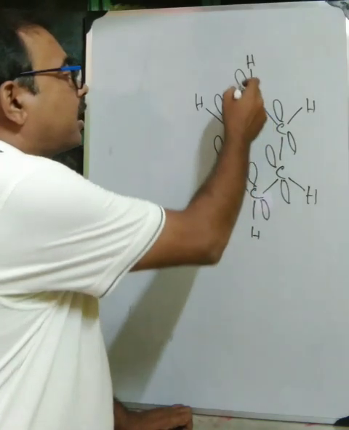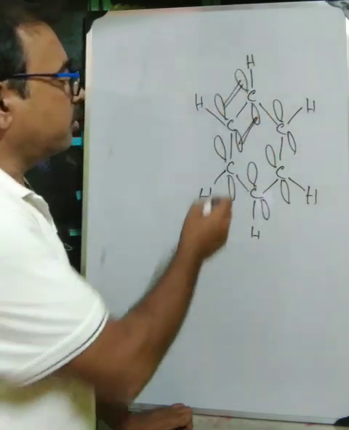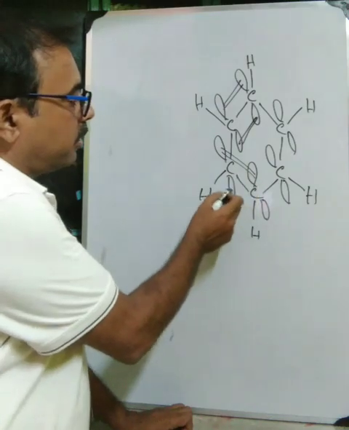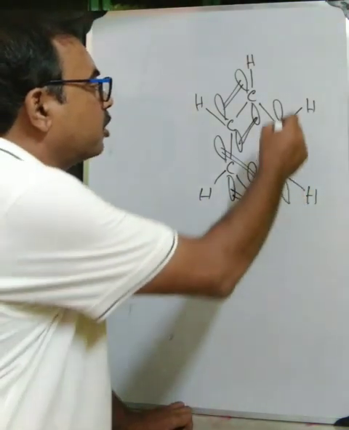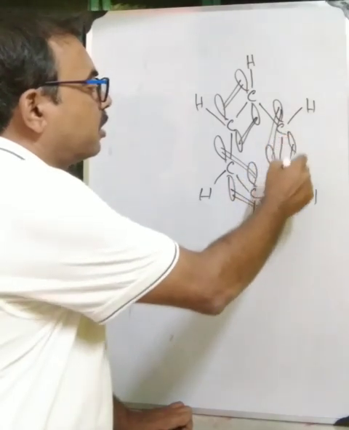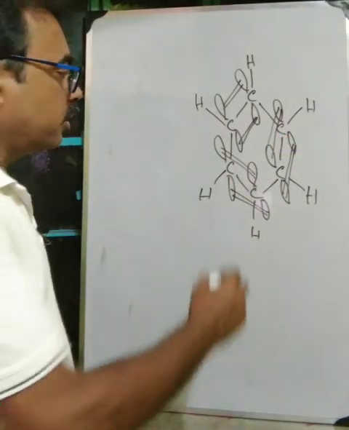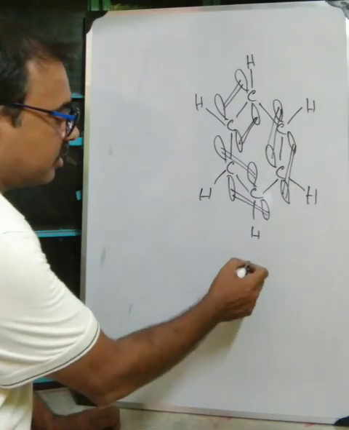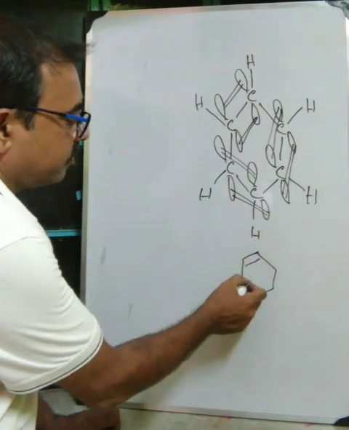So alternate pi bonds, alternate double bonds, are formed. The simpler form of benzene is this, with alternate double bonds present.